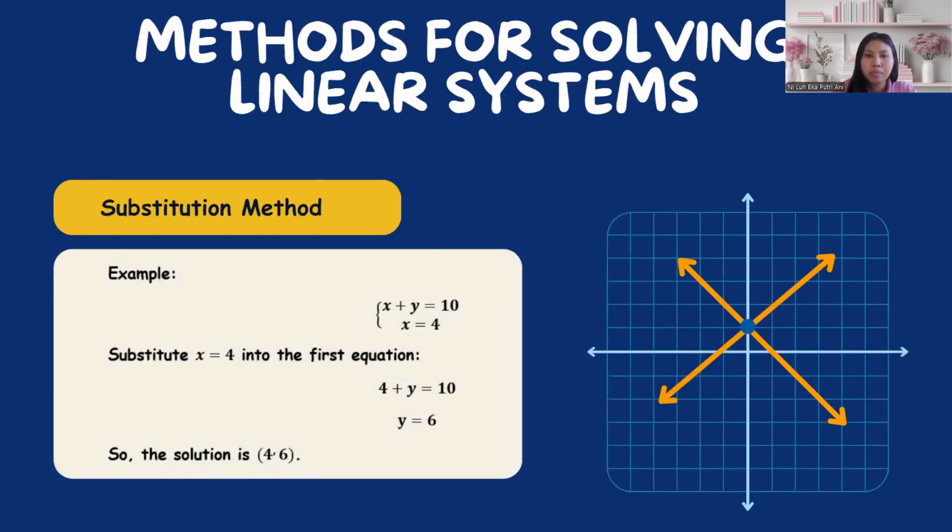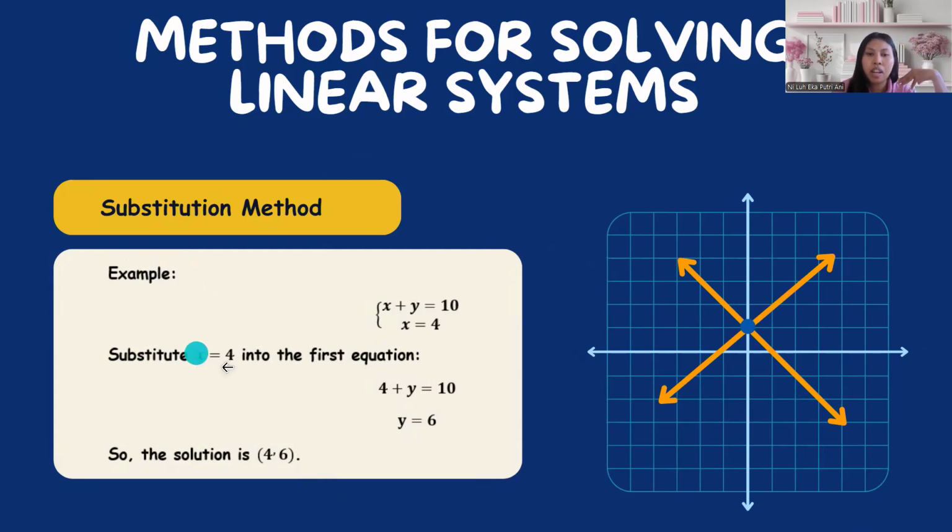Now let's move on to methods for solving a linear system. There are three primary algebraic methods used to find the solution. The first method is the substitution method. In substitution, one variable is expressed in terms of the other and then substituted into the second equation.